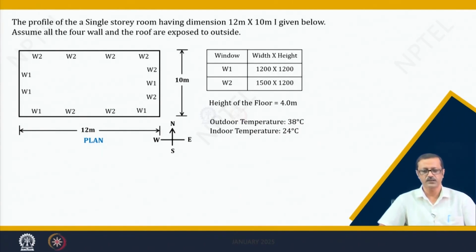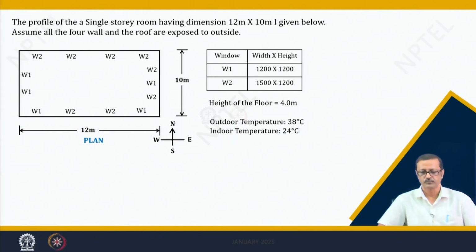The profile of a particular building is given, with a plan area of 12 meter by 10 meter, and the windows are also mentioned. There are W1 and W2, and the height and width of the windows are given. W1 is 1.2 meter by 1.2 meter, W2 is 1.5 by 1.5, and the height of the room is 4 meter.